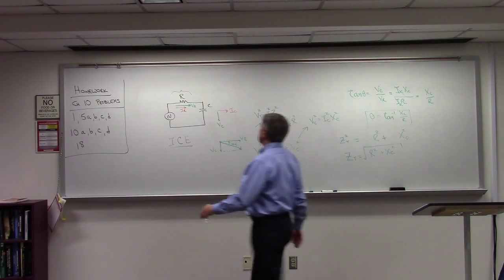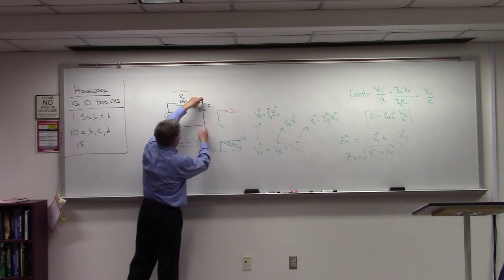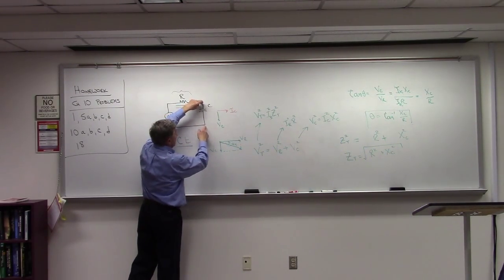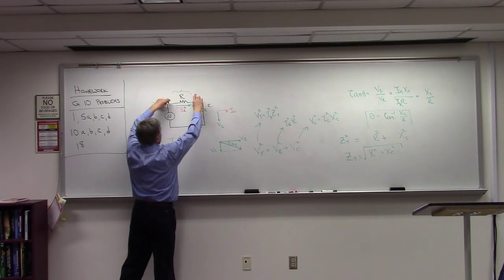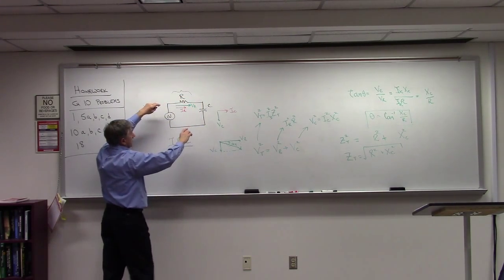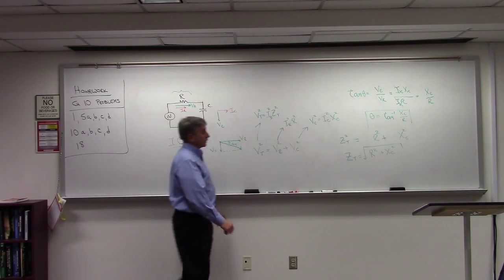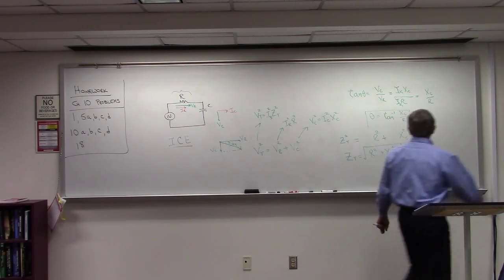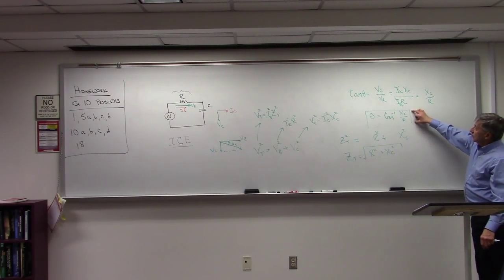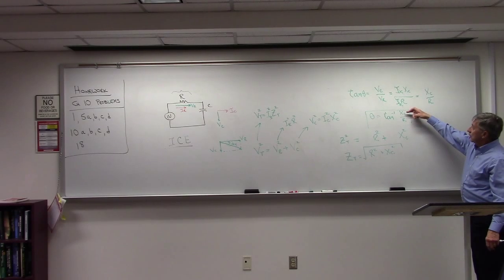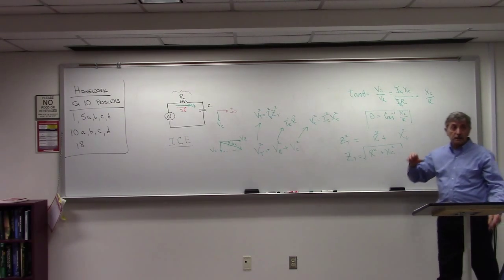If I put a meter across this capacitor, current and voltage are going to be out of phase by 90. Across the resistor, they're going to be in phase. But if I put my meters to span the resistor and the capacitor at the same time, I'm going to get a phase angle equal to whatever my capacitive reactance is divided by the resistance.